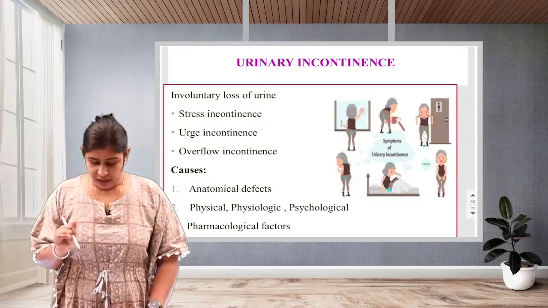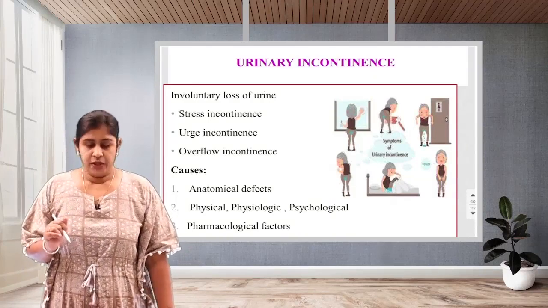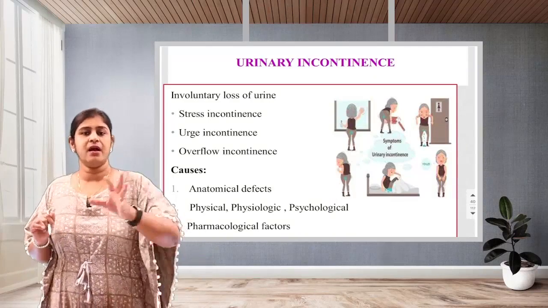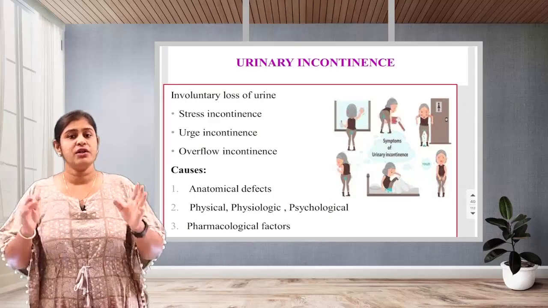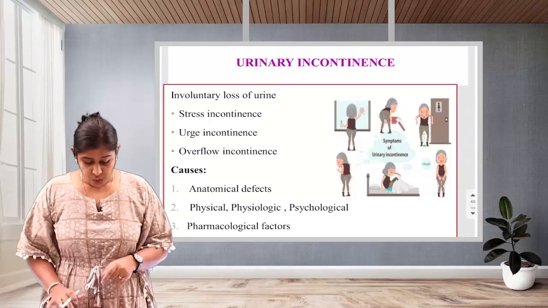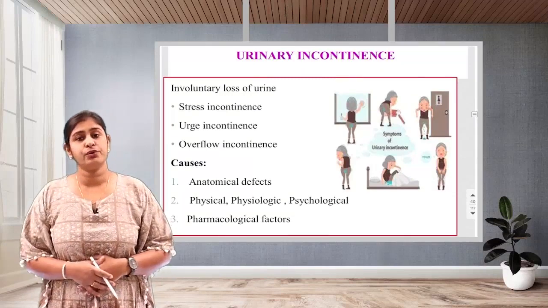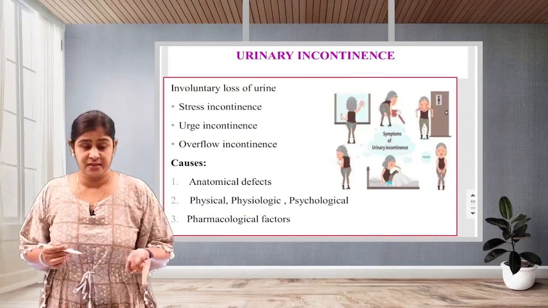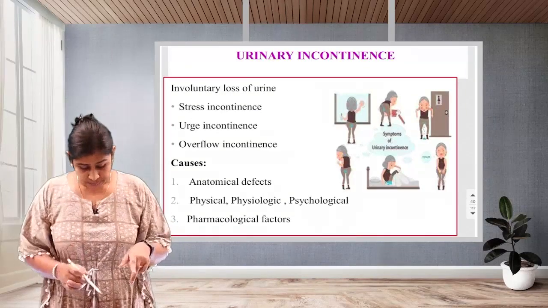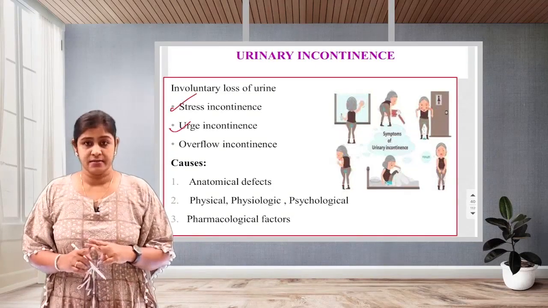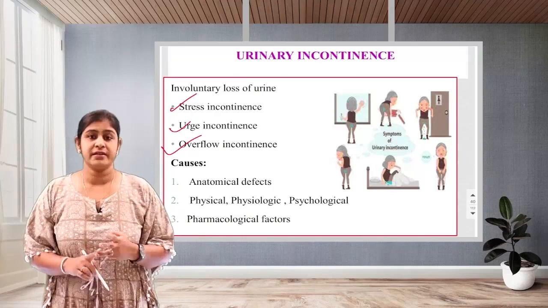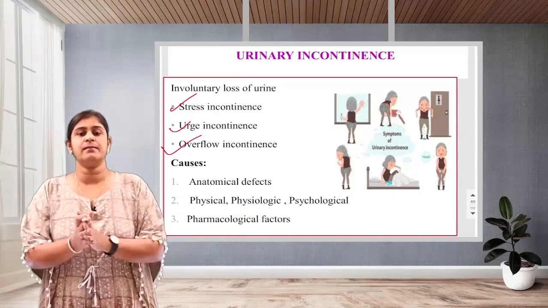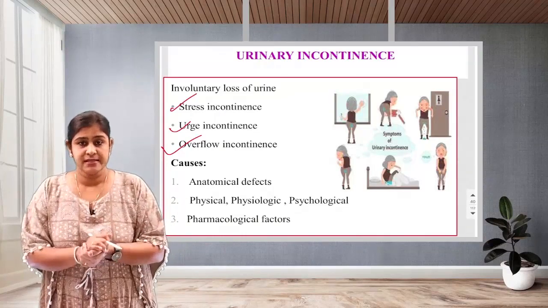Next is urinary incontinence. Urinary incontinence refers to involuntary loss of urine. So why is there involuntary loss of urine? First, it can be related to stress incontinence, because of stress there is incontinence of urine. Then urge incontinence, then overflow incontinence, where excess urine is there in the bladder, and because of that there is incontinence.